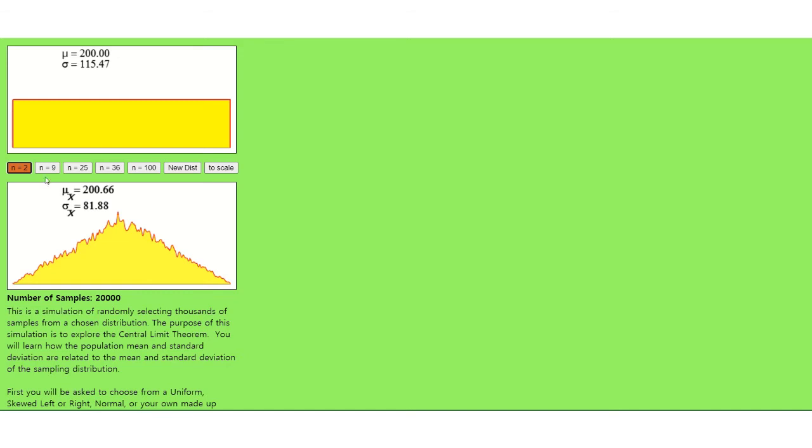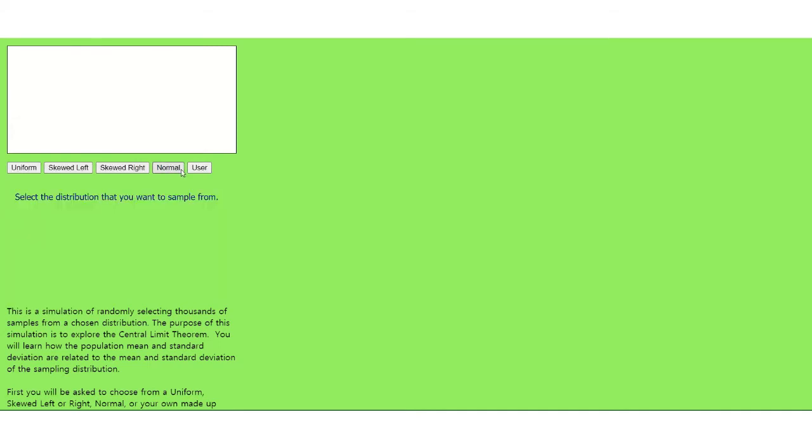However, if we make our sample size larger, like when n equals 9, the distribution for the mean of 9 samples from the uniform distribution looks like this. When n is 25, it looks more normal, and when n is 100, it's more like a normal distribution.